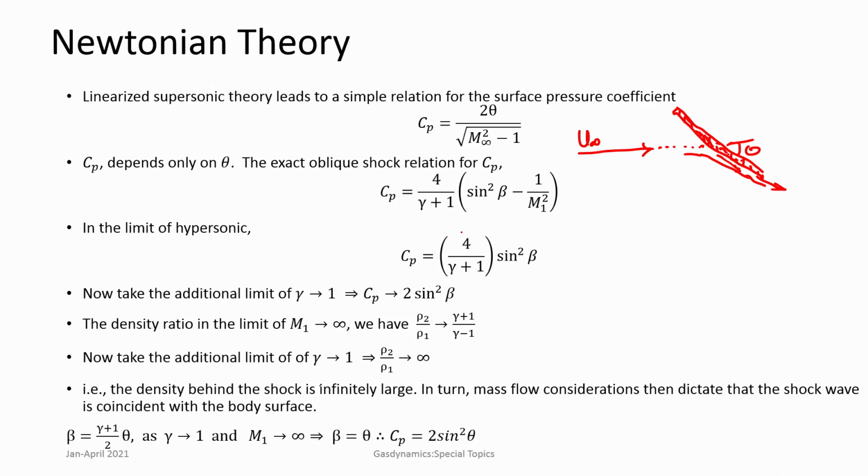If we do such a calculation, then we can find out what is Cp, and the Cp is then 2 sine square theta. This was the expression that was given by Newton very long time ago, but this did not consider details of fluid flow, and now we are in a position to plot the streamlines and find out what are the pressures around such bodies.